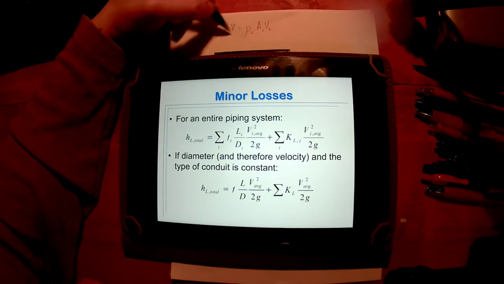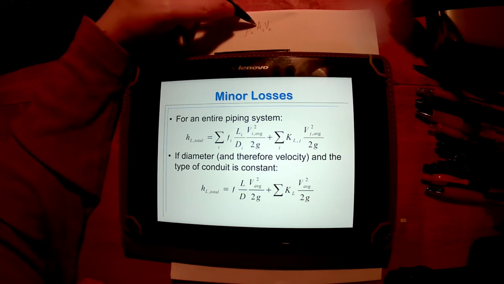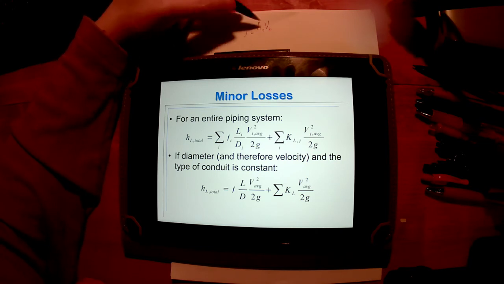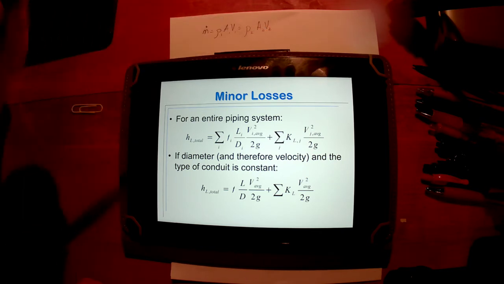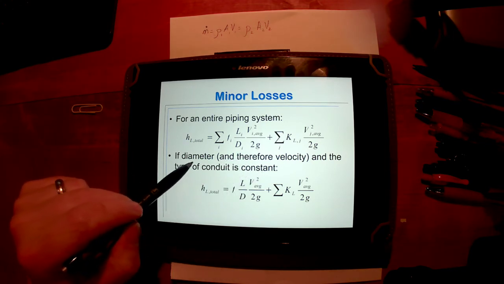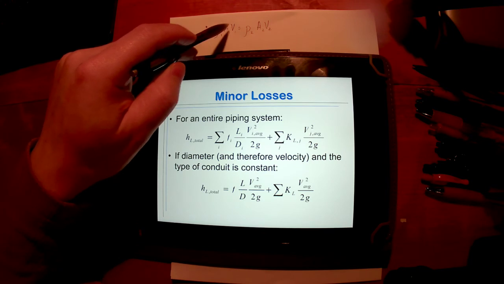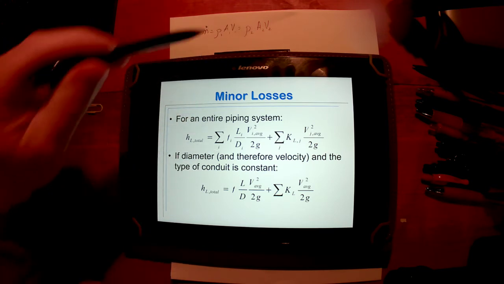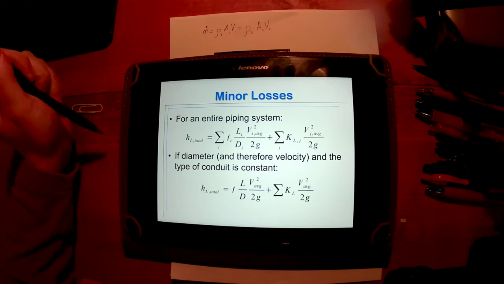Well, if the density is the same at 1 and 2, and the diameter and therefore the area is the same at 1 and 2, then that means that the speed is going to be the same at 1 and 2. And that's what we're saying here: as long as the diameter and the density are both constant, the area is constant, so the velocities have to be constant.